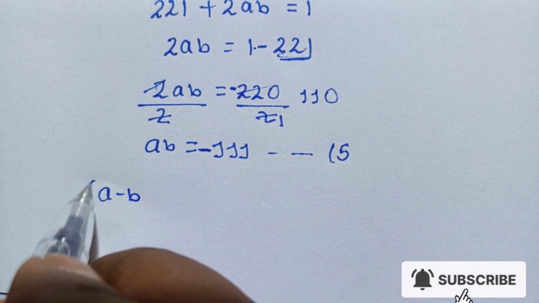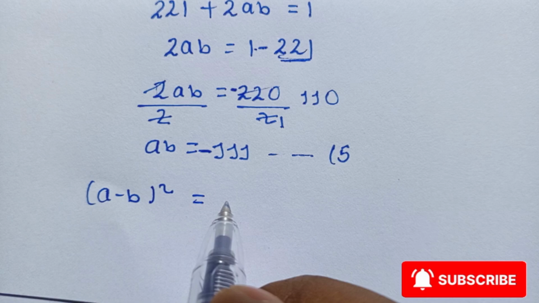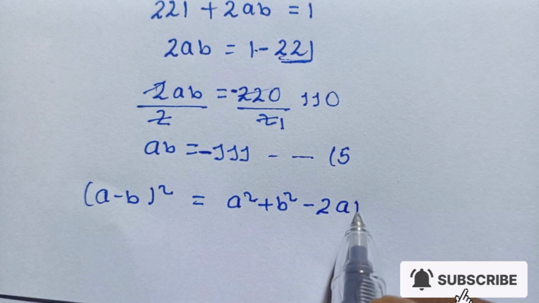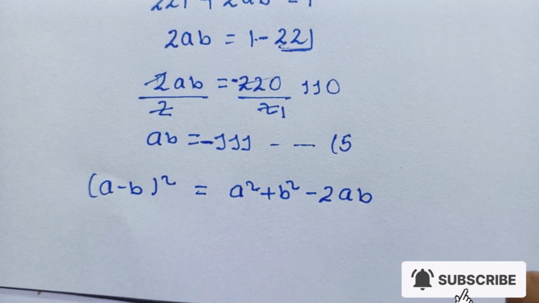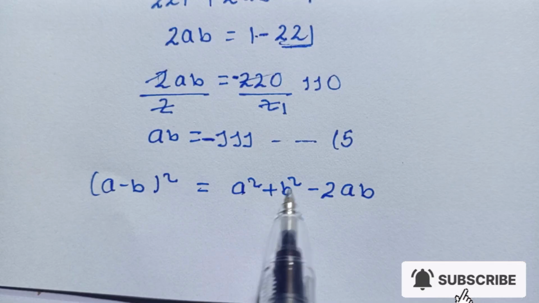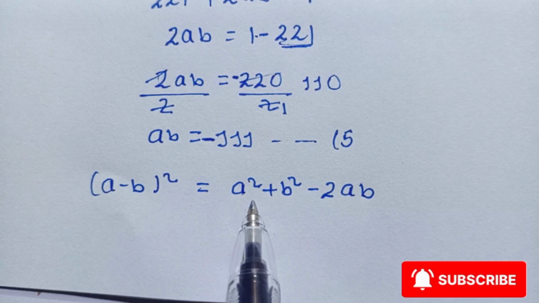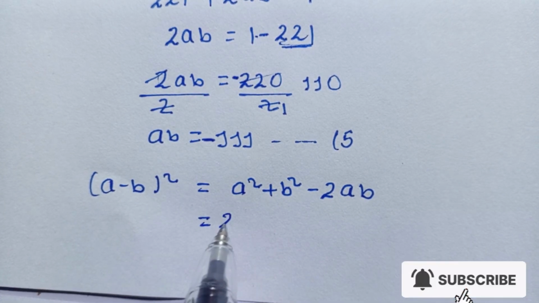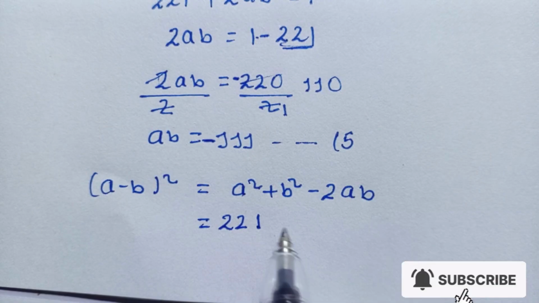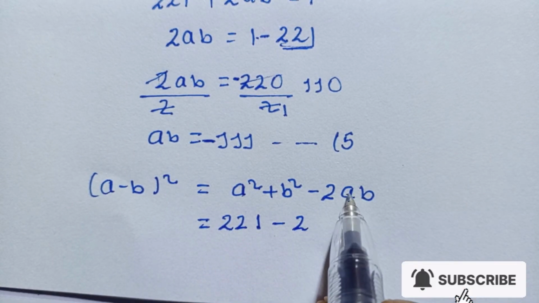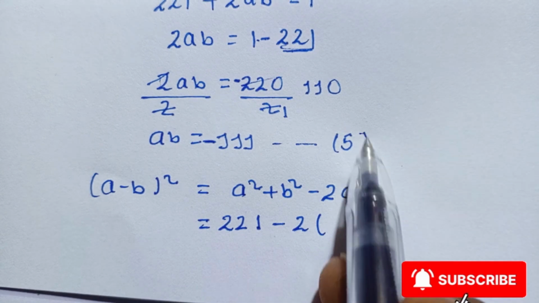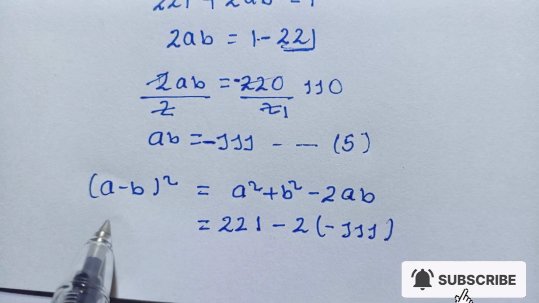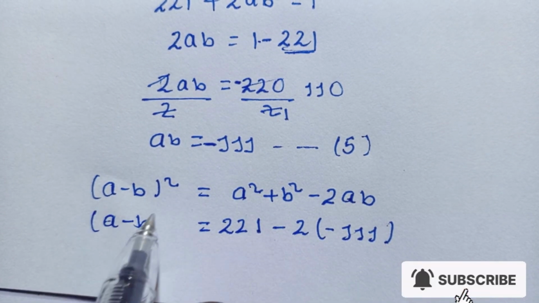a minus b the whole square equal to a square plus b square minus 2ab. a square plus b square from equation 4 gives 221, minus 2ab from equation 5, minus of minus 110, equals a minus b the whole square.